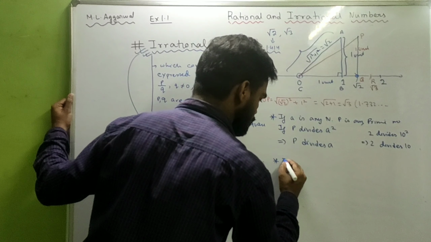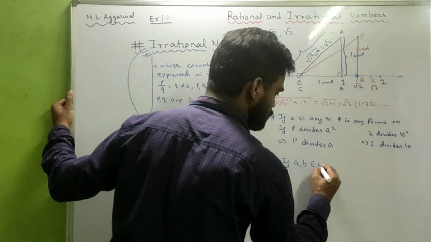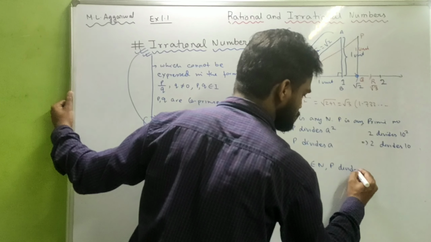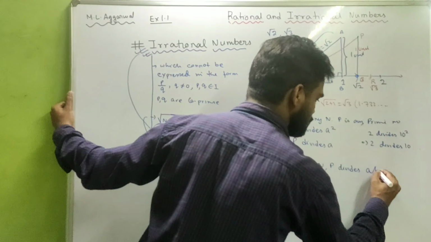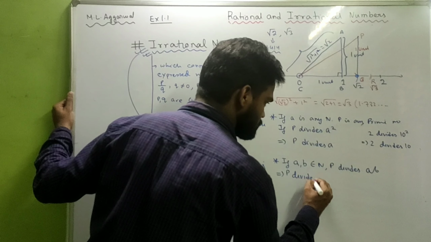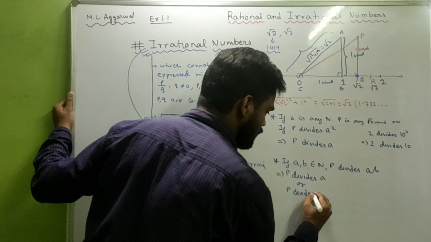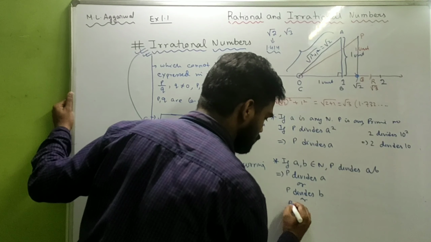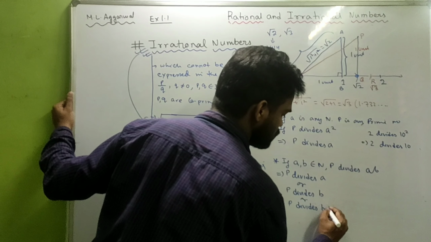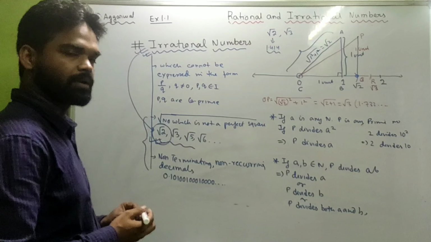Next, if A, B are two natural numbers and P suppose divides AB, it simply means P divides A or P divides B or P divides both A and B. Am I clear?